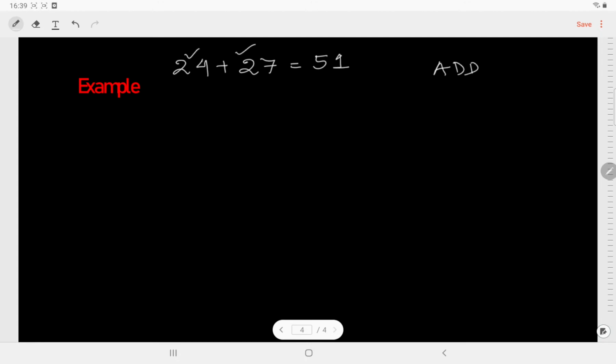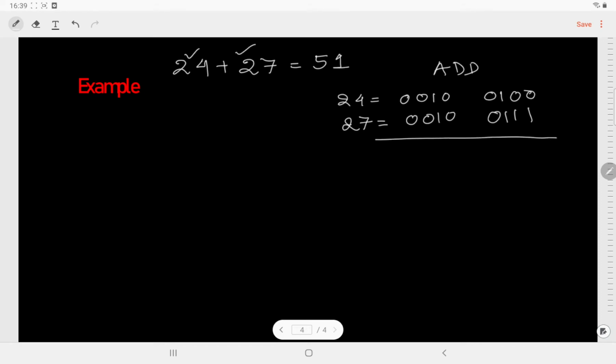First we have the equivalent of 24, which is 0010 0100. Similarly, 27 will be 0010 0111. So if you add it, what will you get?